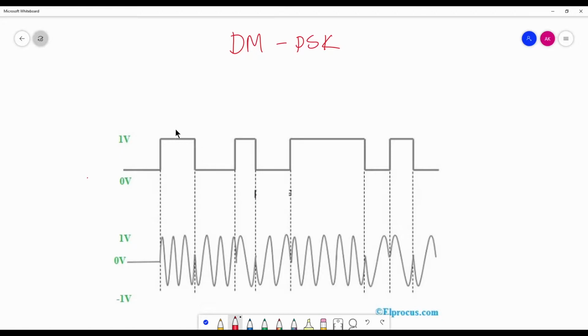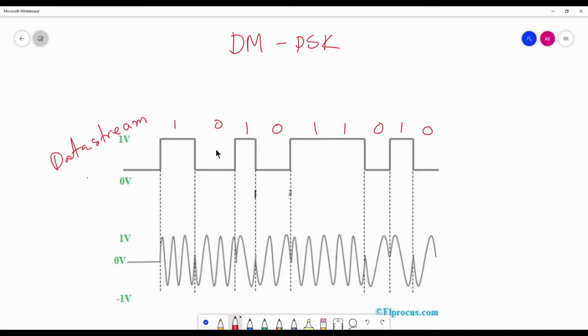So here is the input pattern data stream: 1 0 1 0 1 1 0 1 0. As you see in the data stream, when we are getting high, or we are getting 1 in the digital data, the sine wave will start from the positive end.